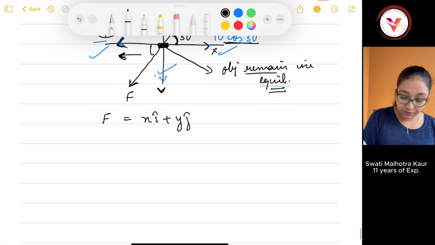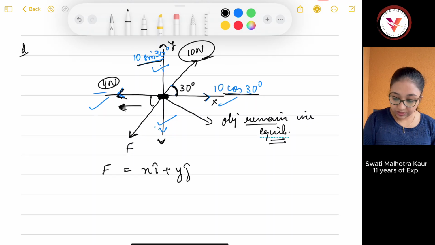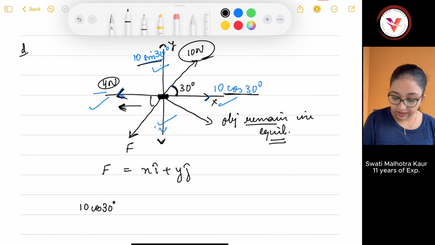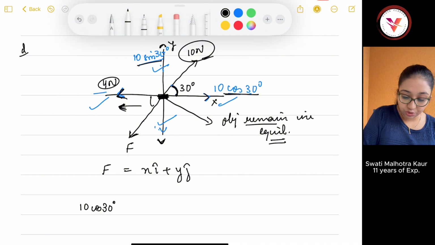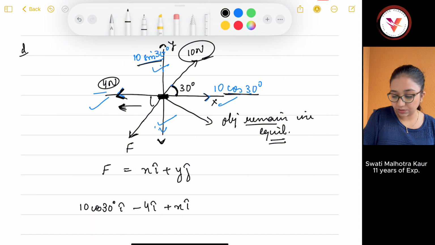Okay, so if net force is 0, let's take x components to be 0, then y components to be 0. Then 10 cos 30 degree, and this 4 Newton, let's say this is I cap. This 4 Newton is along minus I cap, and let's take it plus I cap to be 0.